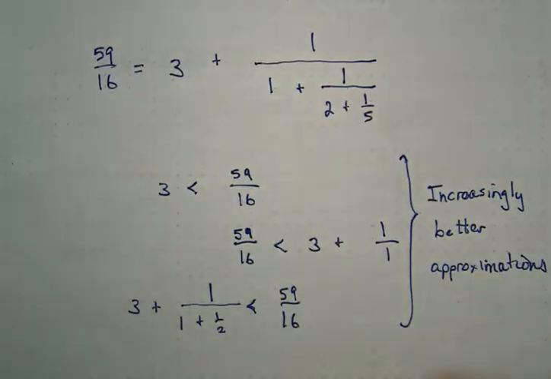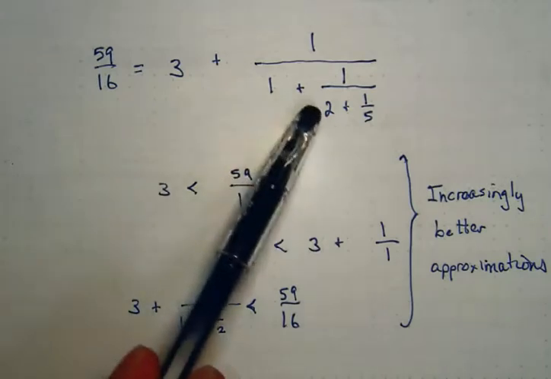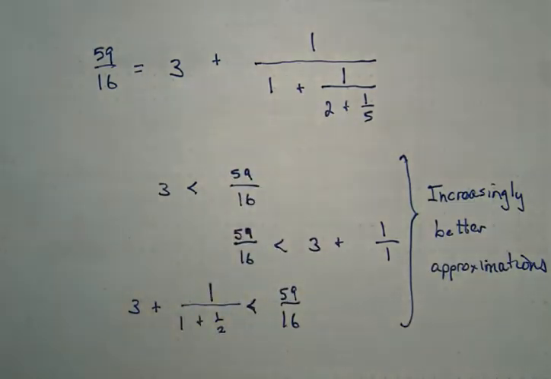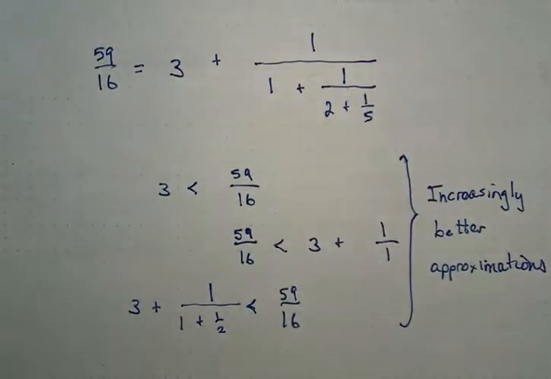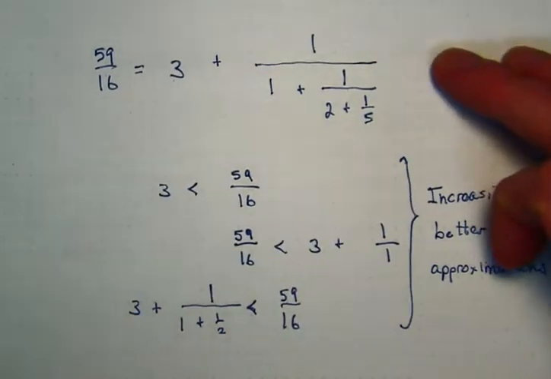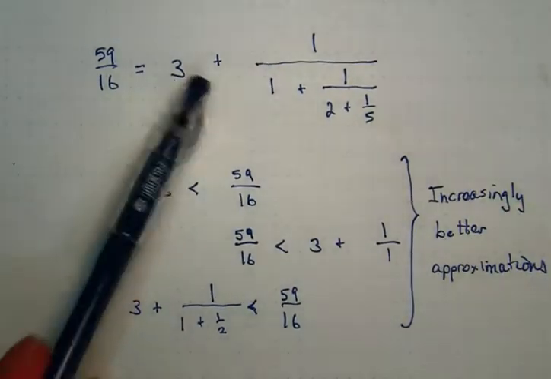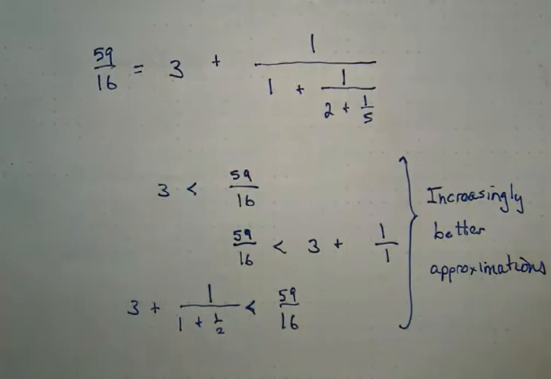So what we get from this sequence of continued fractions is a set of increasingly better approximations to 59 over 16. And you can get the continued fraction approximation for any rational number by applying the Euclidean algorithm and looking at the quotients.